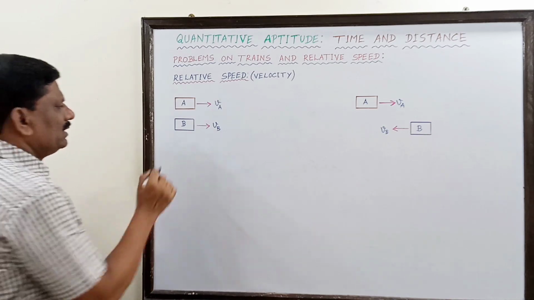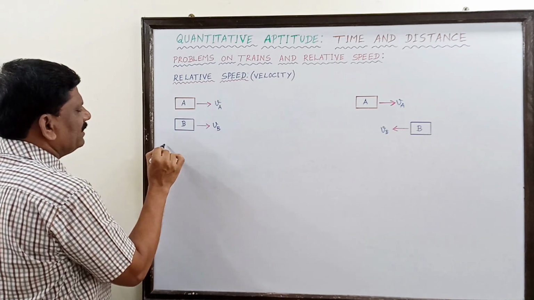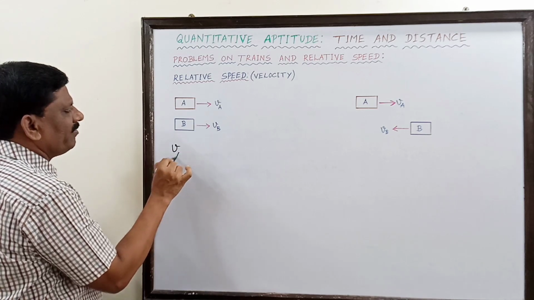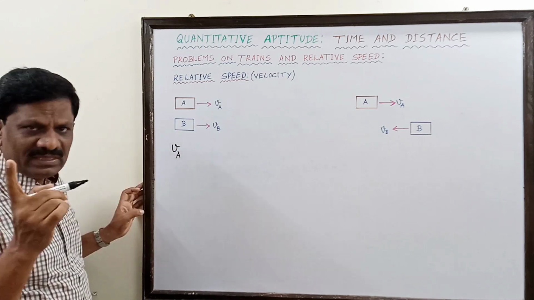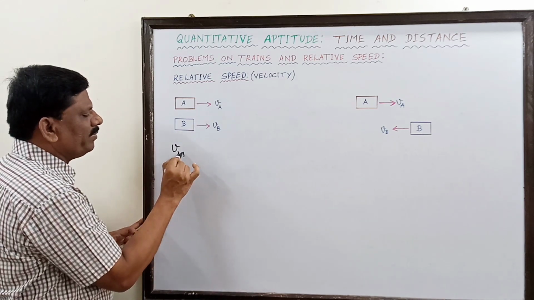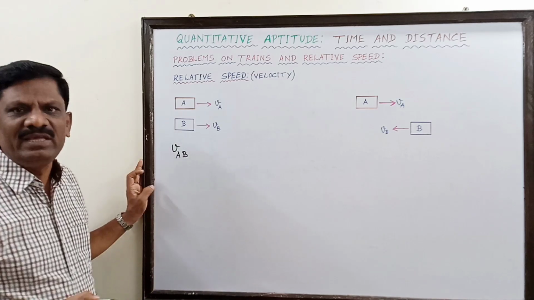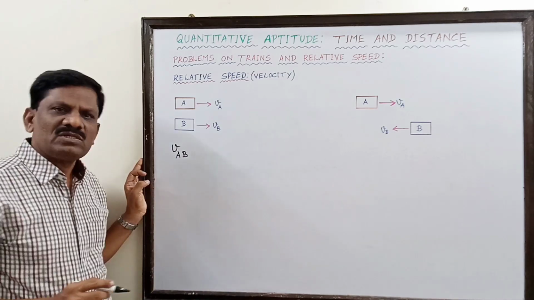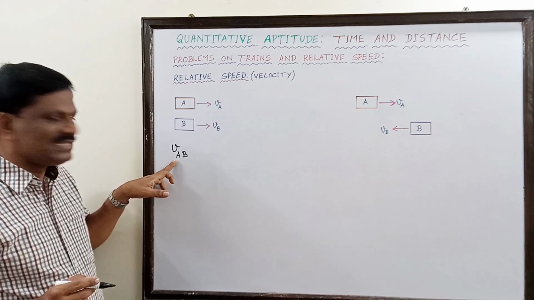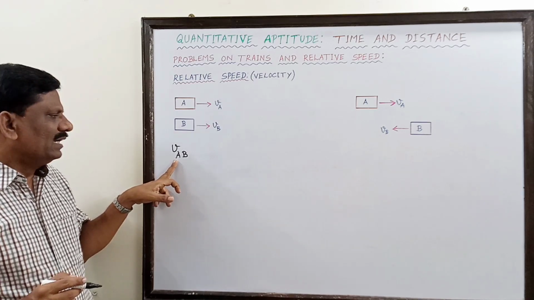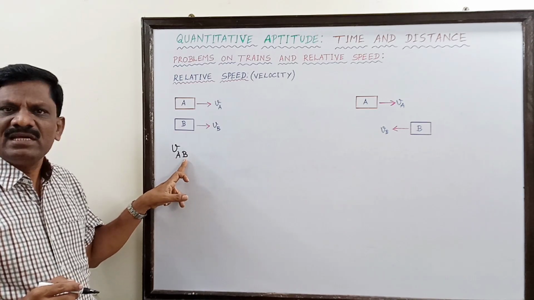Now the relative speed of A with respect to B is denoted by the symbol VAB, where the first subscript is A and the second subscript is B.